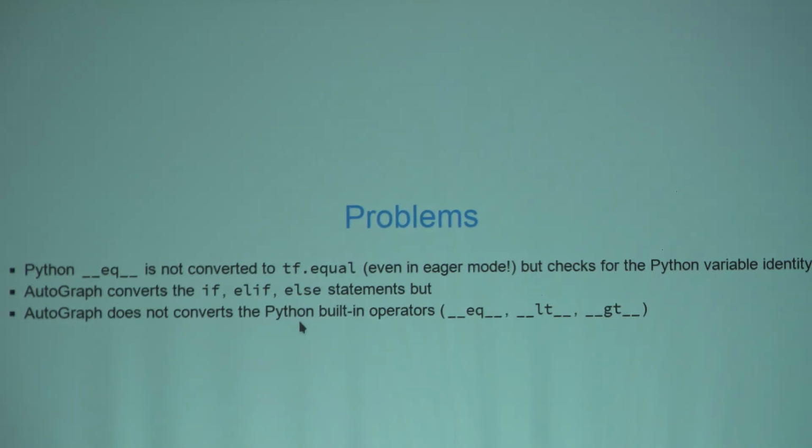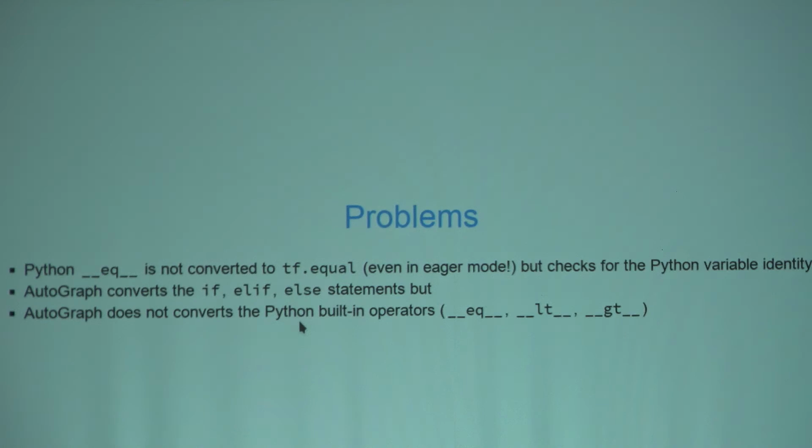This is a design choice from the TensorFlow 1 version, because internally in the TensorFlow code base they use the Python equal operator to do a lot of indexing using tensors, and therefore they can't use tf equal because of course tf equal produces a tf operation. It's not a boolean. AutoGraph converts the if, but of course it doesn't convert the Python built-in operator correctly.